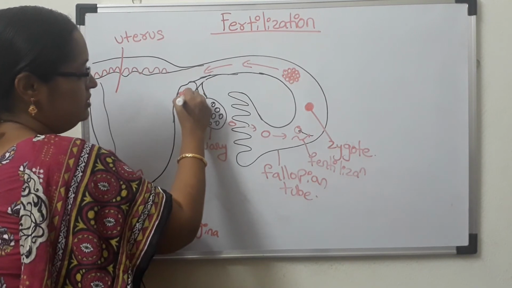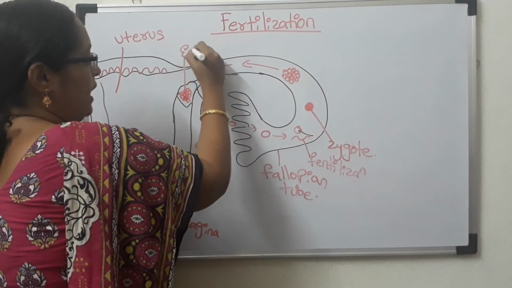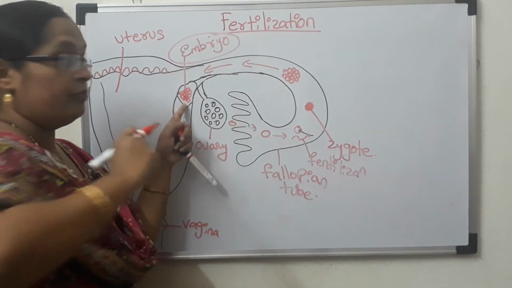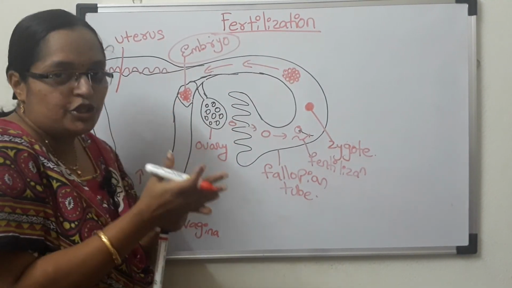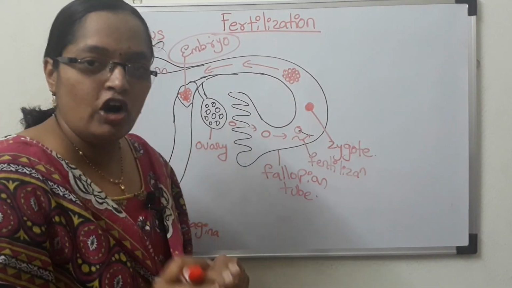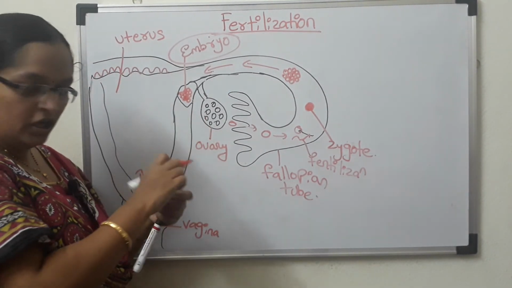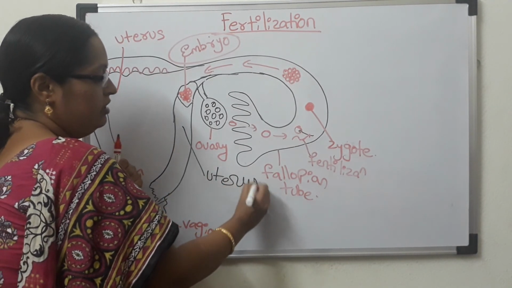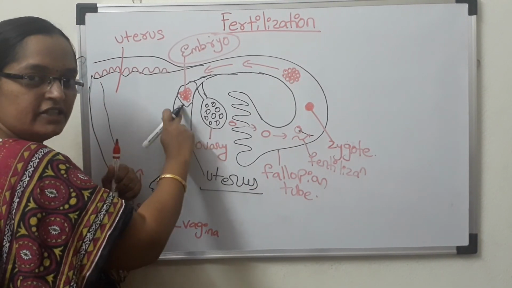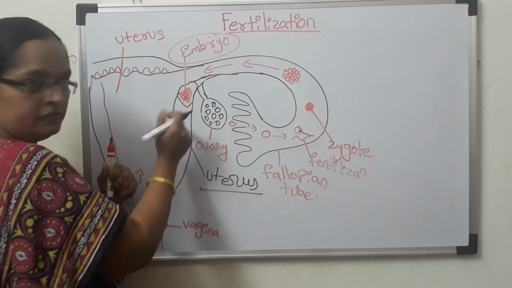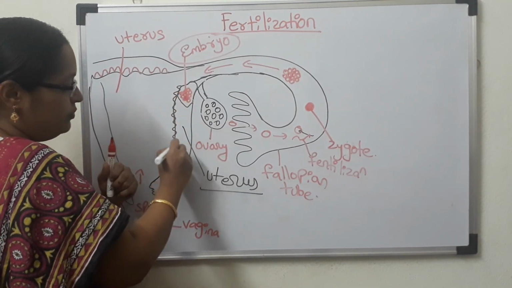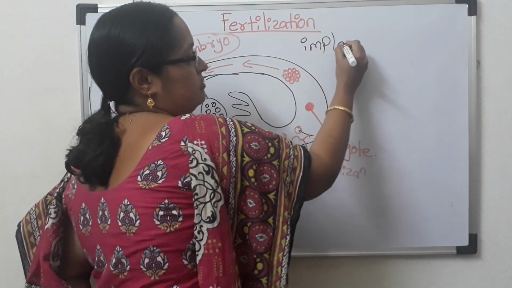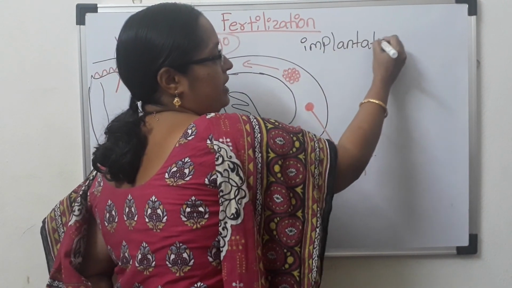Now the dividing zygote is called an embryo, and the process of attaching or embedding the embryo into the uterine wall is called implantation. What is implantation?